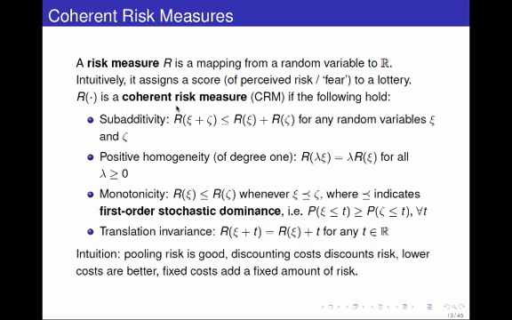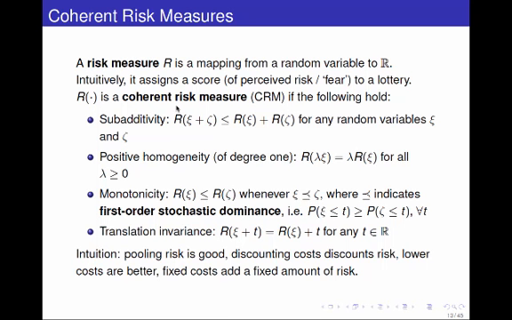And the last property that we want to impose is if I add a constant cost to all of the lotteries, the resulting risk score is the original risk plus that cost. So adding fixed costs will just immediately translate to an added constant to the risk score.